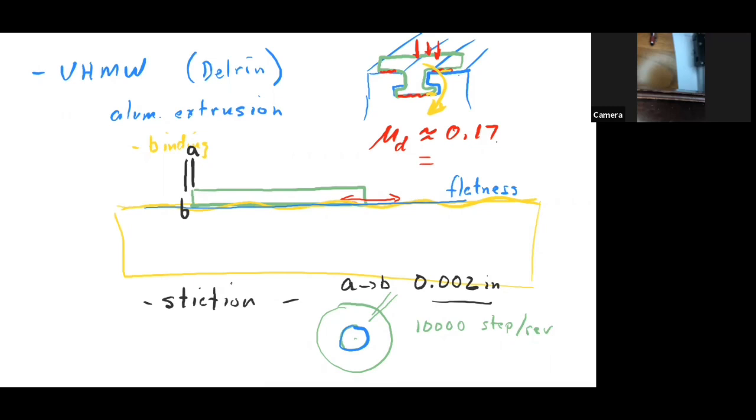And the smallest resolution that you could, this is programmable, or you could call it theoretical. So you say, oh, microstepper motor, I could make that thing move 1/10,000th of a revolution.